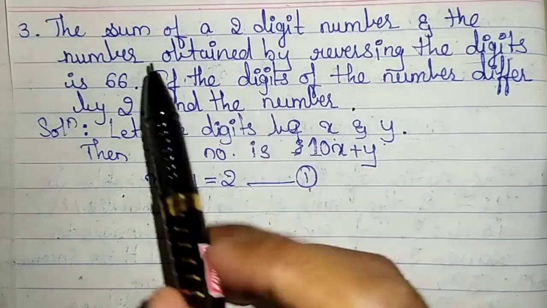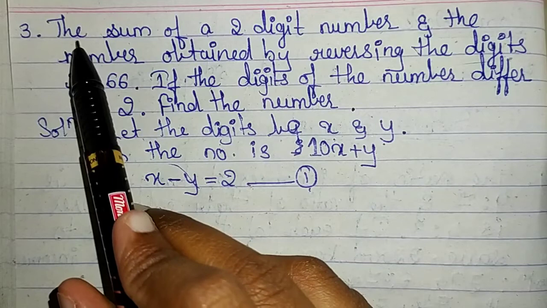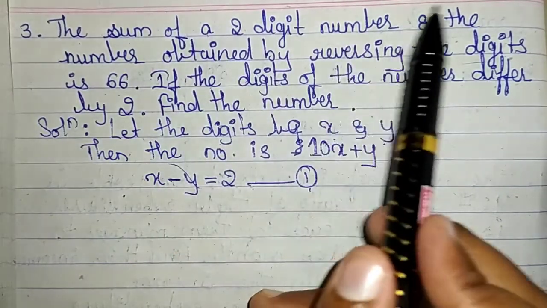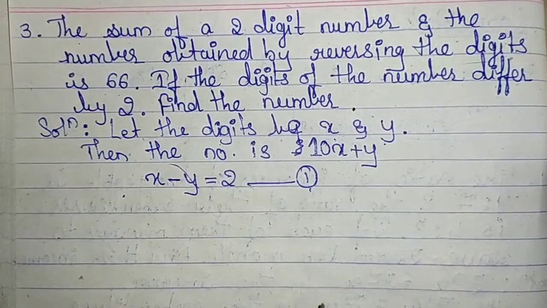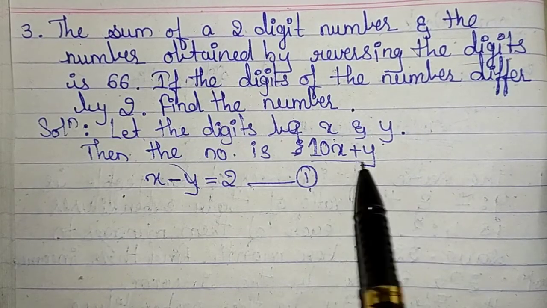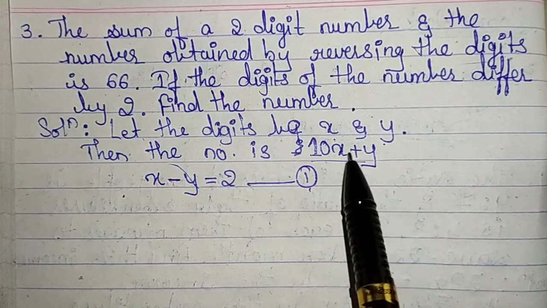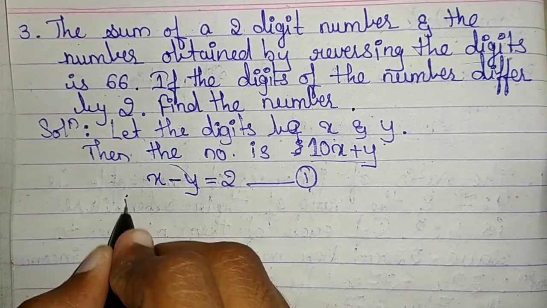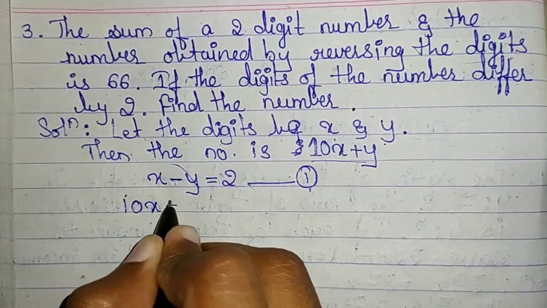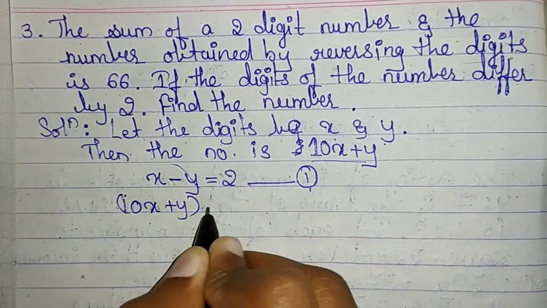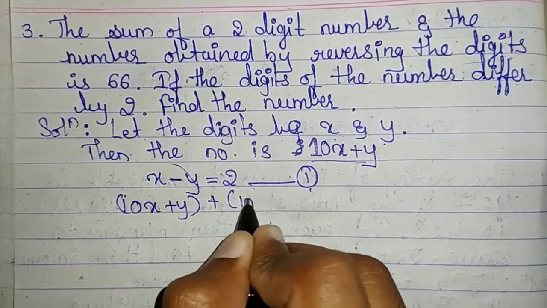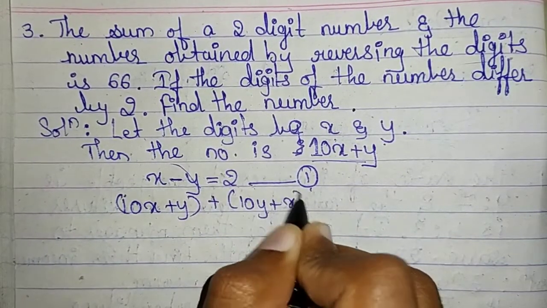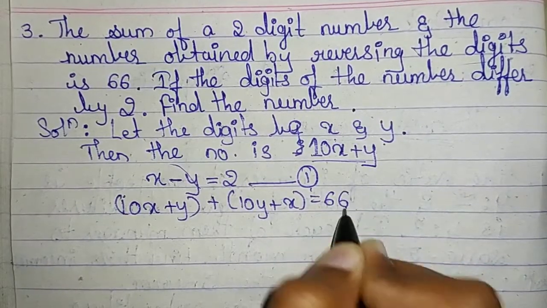So now what they have done here is the sum of a two-digit number and the number obtained by reversing the digits. First the number is this, then they have reversed the order. 10y plus x they have done. So the sum is 10x plus y plus 10y plus x is equal to 66.